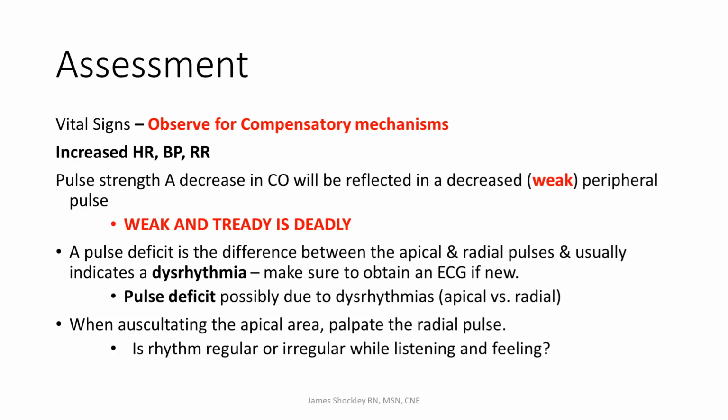When you look at the monitor, if they're on continuous pulse oximetry, you get a continuous pulse, and you see that heart rate jumping up and down, and it just does not stay consistent, it's probably because they're in AFib. And because of the irregularity with AFib, you have changes in that heart rate all the time. So for that client, it may be impossible to actually palpate for a pulse deficit.